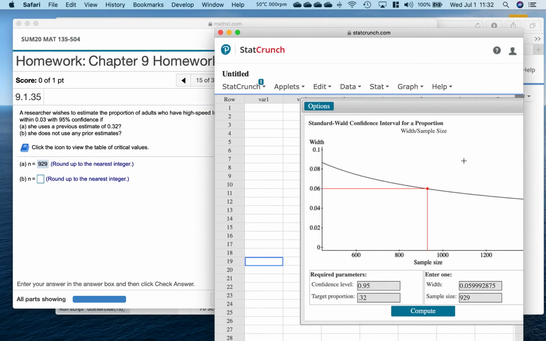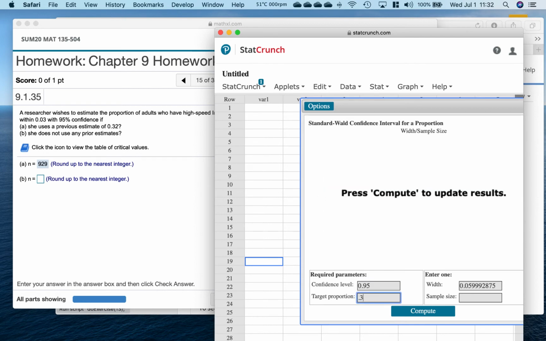The next part says she does not have any prior estimates. To do this without the prior estimate, the confidence level is 0.95, and this uses that other formula with 0.25 times z alpha over 2 divided by sigma. Since you don't have the target proportion, you don't put in the prior estimate, you put in 0.5. And the width, again, is 0.06.